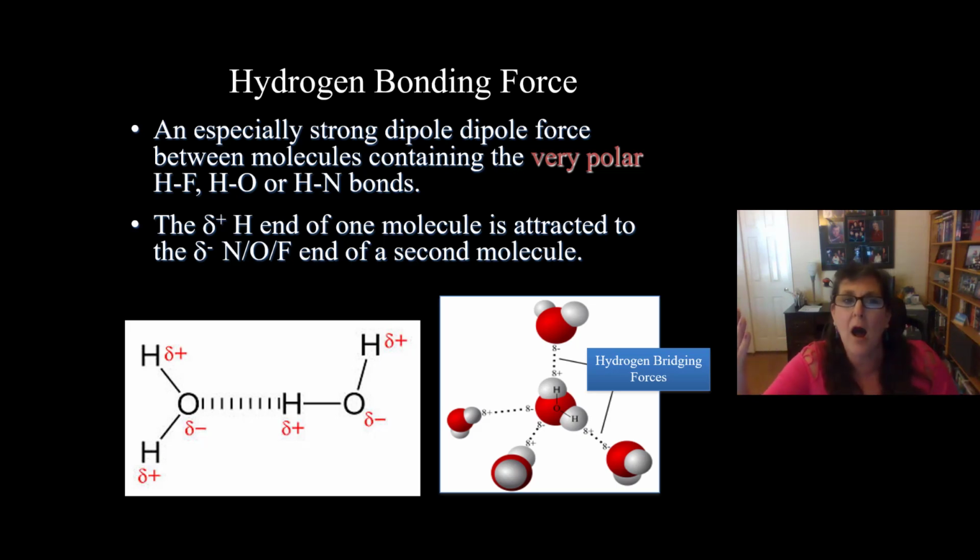So it has to be a positive H in one molecule to the negative O in another molecule. Opposites attract. So the hydrogen bonding force is always from an H to an N or O or F of a second molecule.